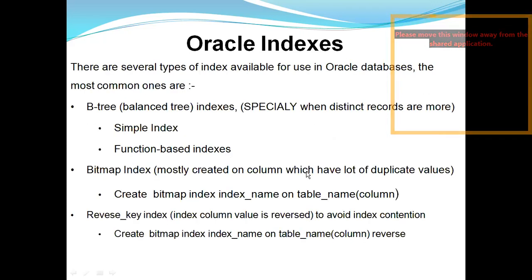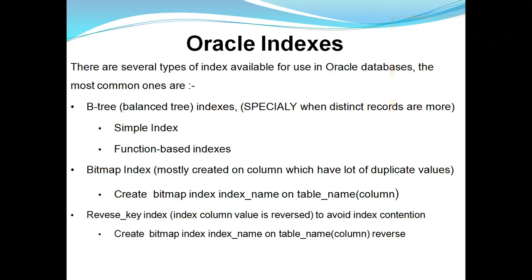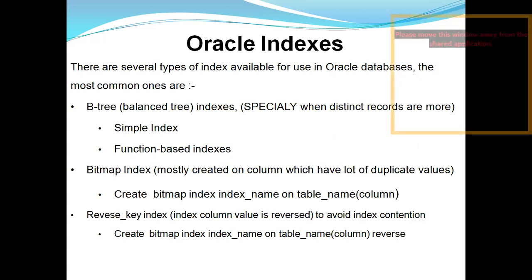Now, how many types of indexes are there? There are several types of indexes available for use in Oracle database. The most common are B-tree indexes. When we do not specify what type of index we are creating, by default it creates a B-tree index.